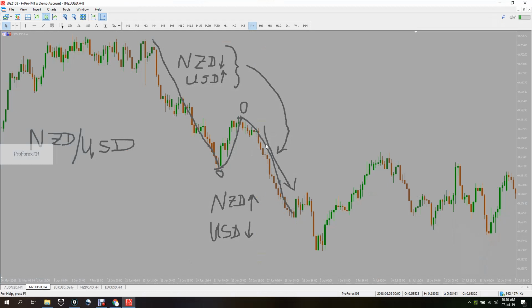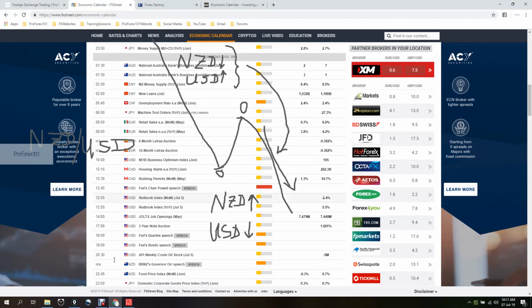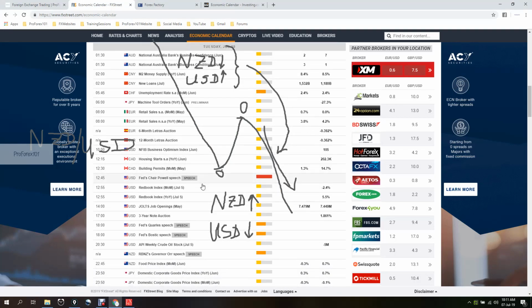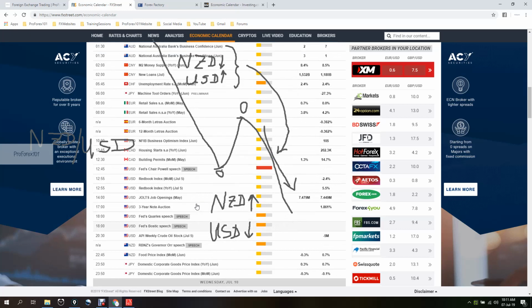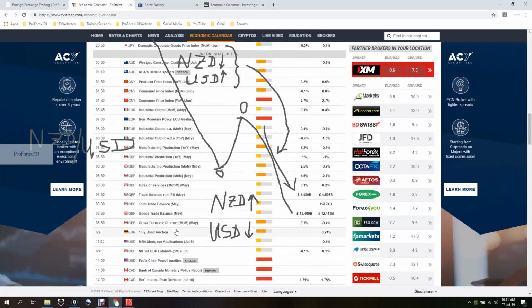Now when we want to get into this trade here, we want to catch the second leg, we want the New Zealand dollar to be weak and the US dollar to be strong. We need to see that outlook in the fundamental releases. Simple as that, guys. We need to see the fundamentals confirming our trade.